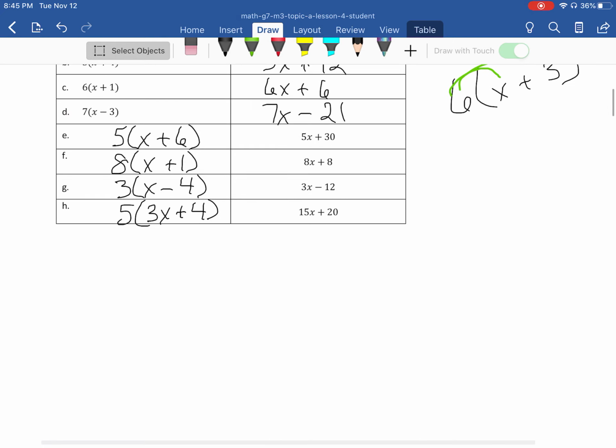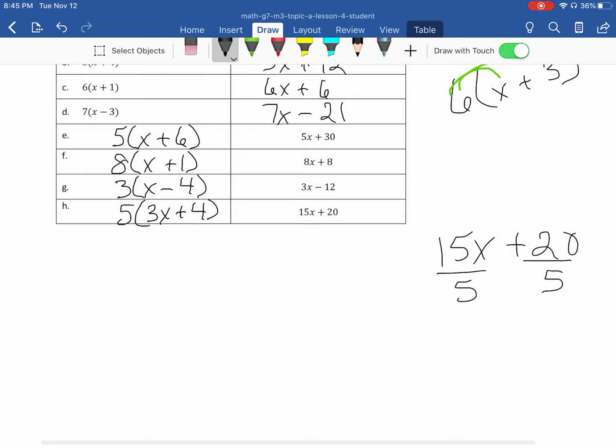Now, what are we doing when we are factoring out? Let's do this one, 15x plus 20. What we're actually doing is we're dividing both of them by 5. Divide by 5, divide by 5. I can divide them both by 5.